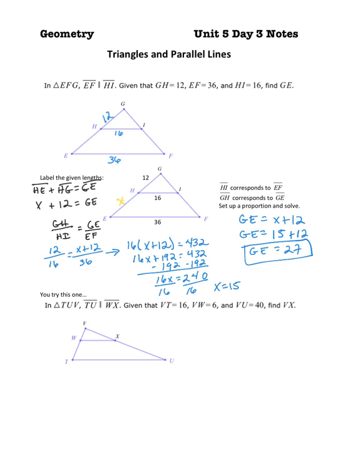Now there is a slightly different way you can do this if you want to redraw the triangles. The math still works out. Let me show you that slightly different way. Okay? So this is an option.